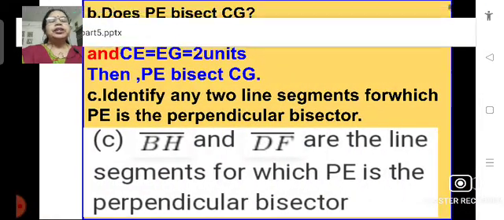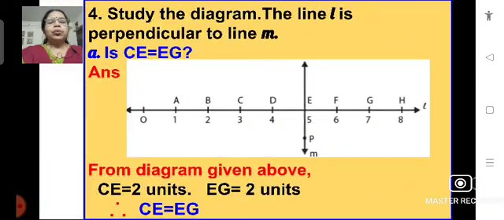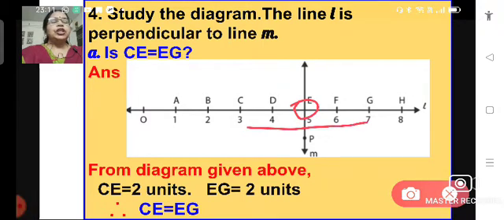Now the next question is, does PE bisect CG? Let us look at the figure once again. So we can see that PE is passing through E, and E is the midpoint of CG. That means CE is equal to EG. And also it is perpendicular to CG.